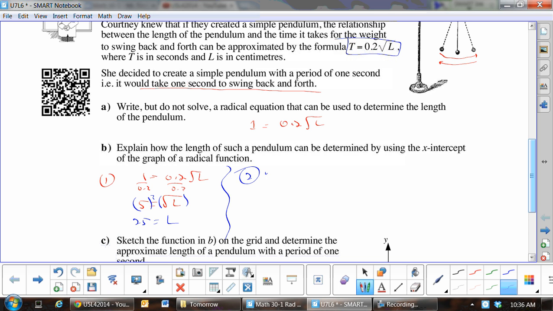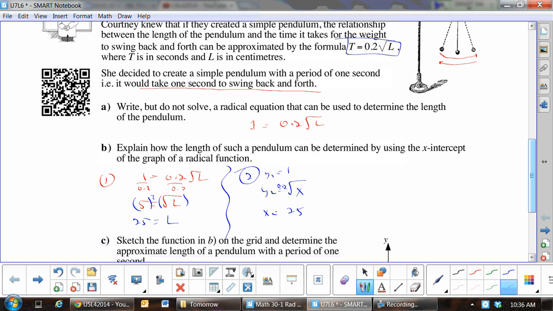Well, you go y1 equals 1, y2 equals square root x. And you'll find x equals 25.